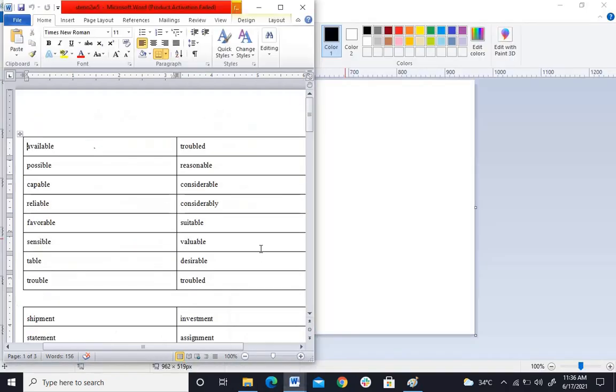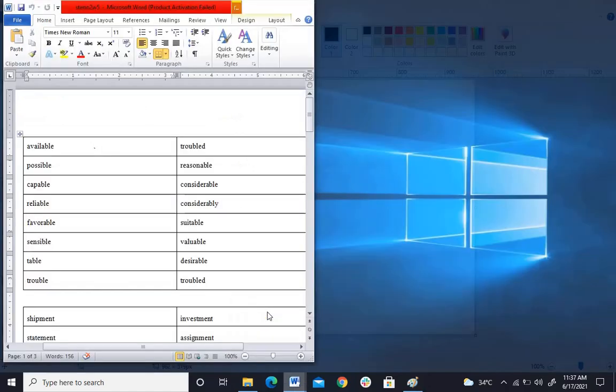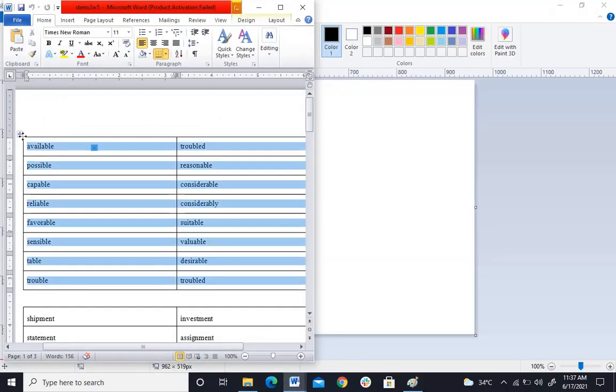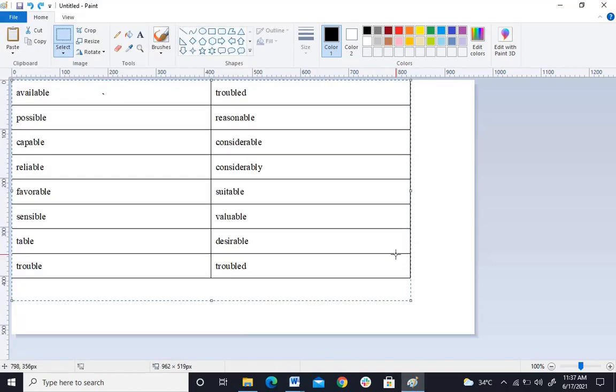Let's start with the ball words. Ball is represented by our B sound. So it's just B. Now let's look at our words.